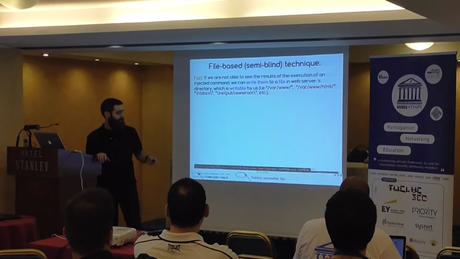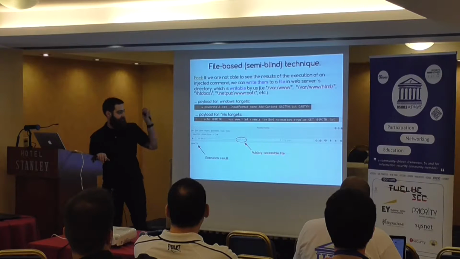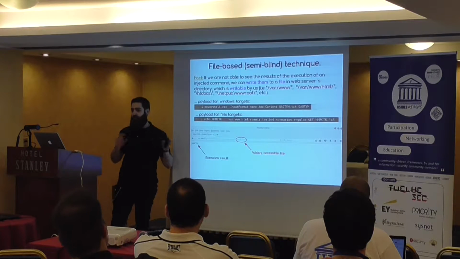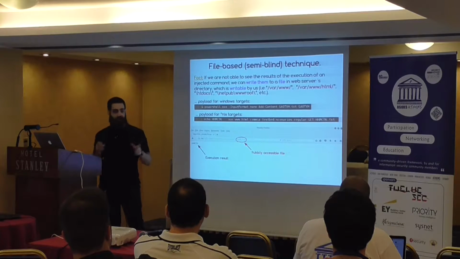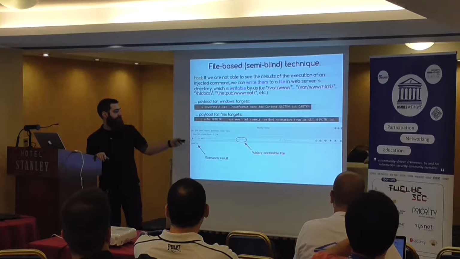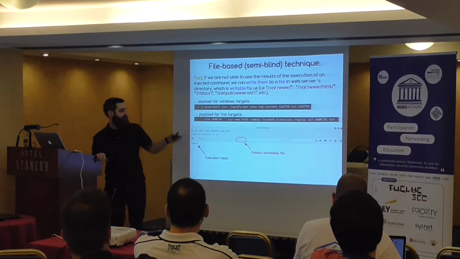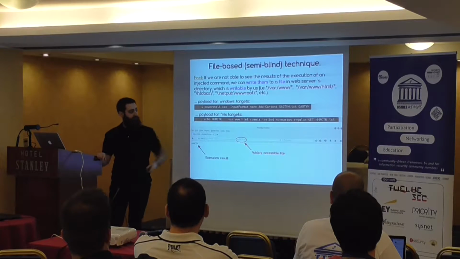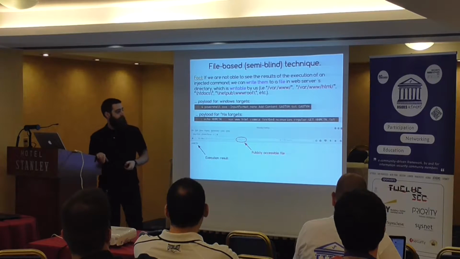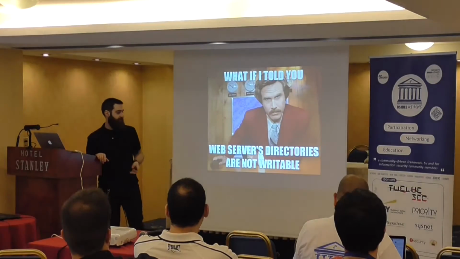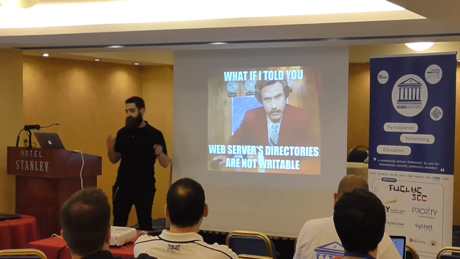Right? I know that this is a pretty straightforward way in order to exploit a blind command injection. Here, a randomly selected string is echoed into this file. Right? The problem here is what I told you, that the web server directories are not always writable.